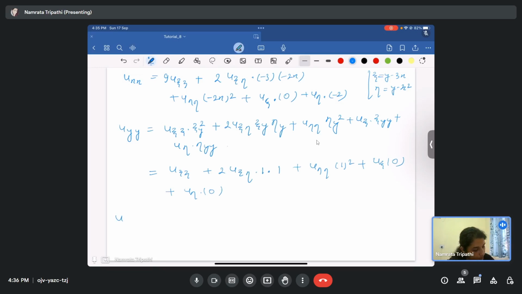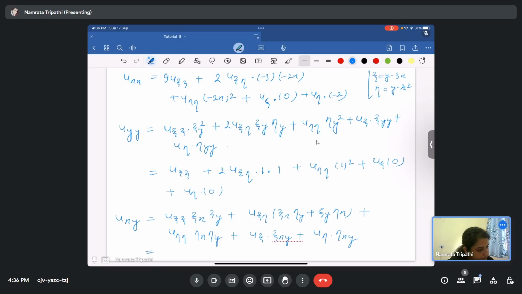Now you can calculate uxy. It is u xi xi xi x xi y plus u xi eta, xi of x eta of y plus xi of y eta of x, plus u eta eta eta x eta y, plus u xi xi xy plus u eta eta xy.